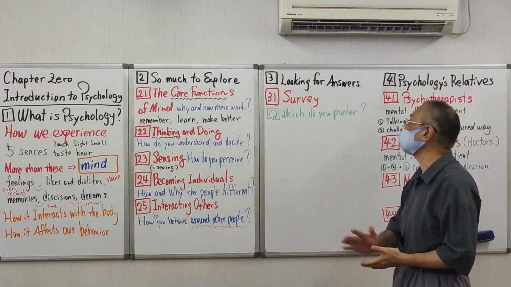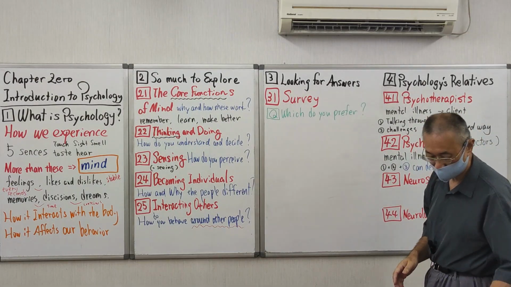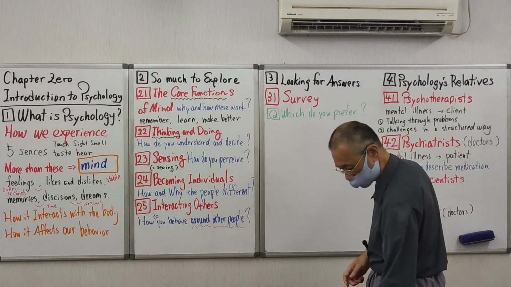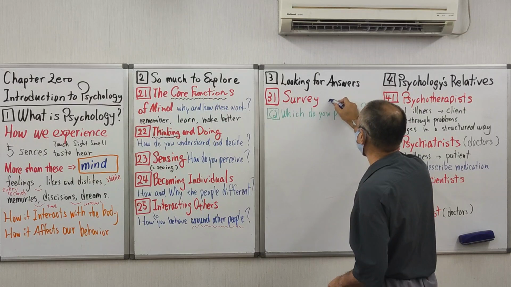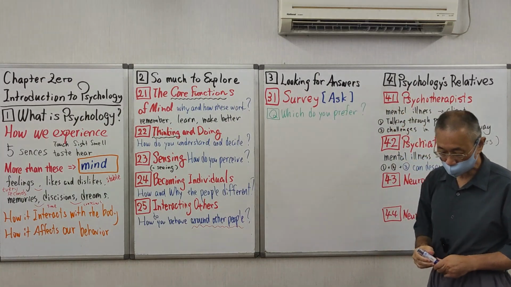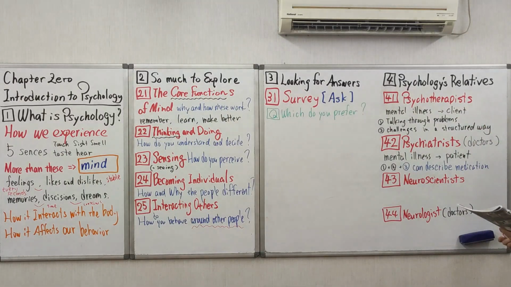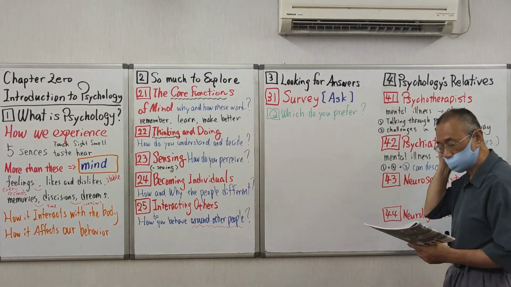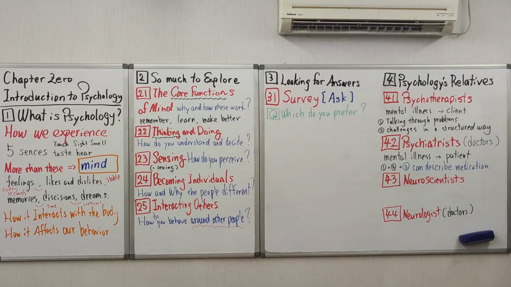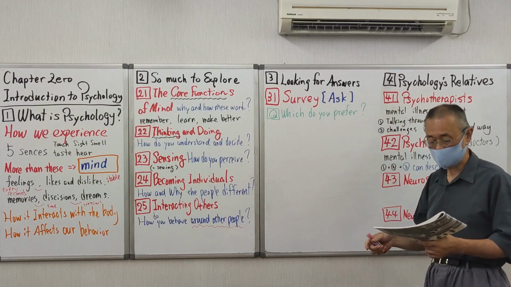So which place do you prefer? Then ask the people, then make a survey. The method is to ask. This is a survey. When you survey, you can gather data, and with the data you can see the results, or you think of it as the answer.